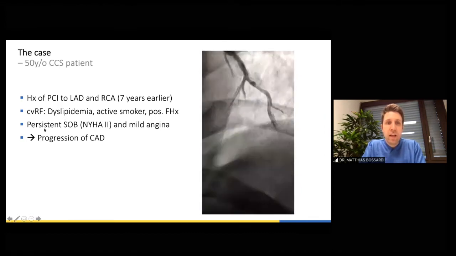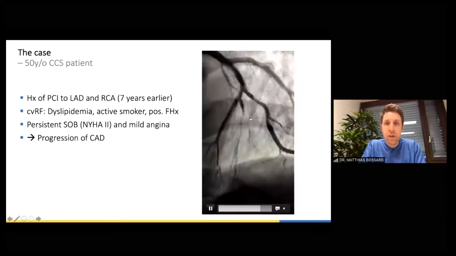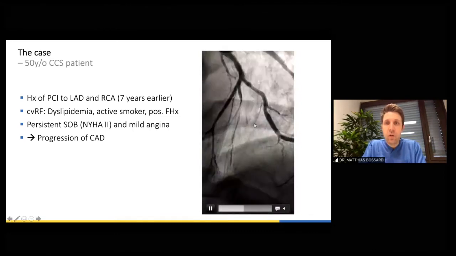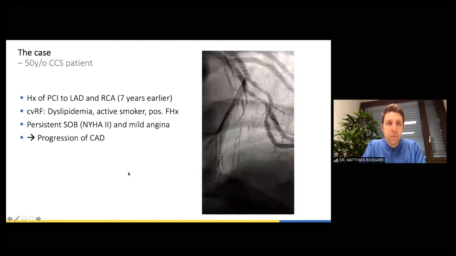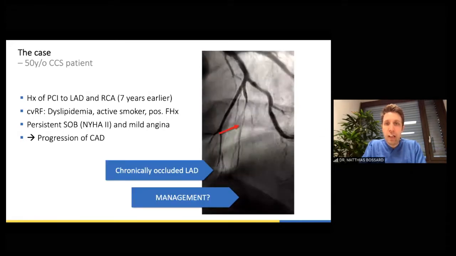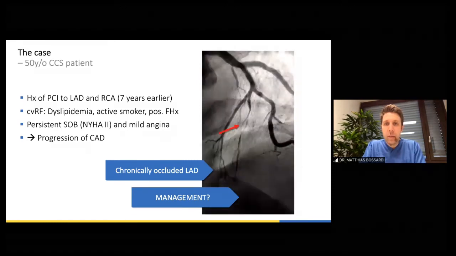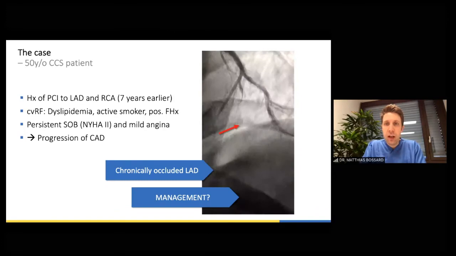He presented to our site with progressive shortness of breath and some mild angina. On the angiogram, Florim found that he now had an occluded mid-LAD, as you can appreciate here. The question comes up, how would you manage that? We might discuss that a little more later, and I guess most of you can already appreciate how we managed it.